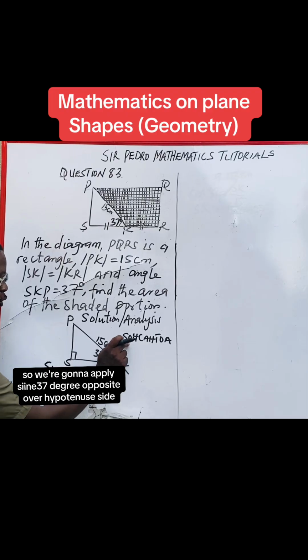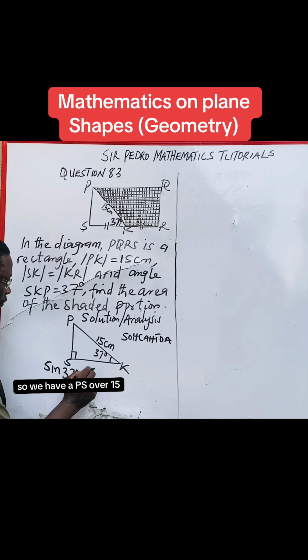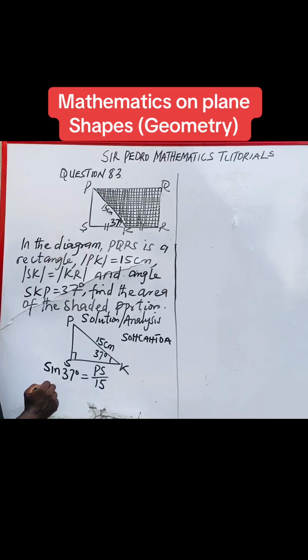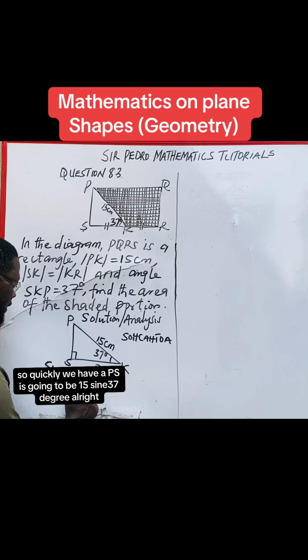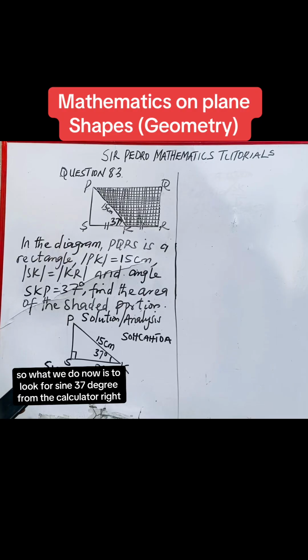Opposite over hypotenuse, sine. So we have PX over 15, so PX is going to be 15 sine 37 degrees. Now we look for sine 37 degrees from the calculator.